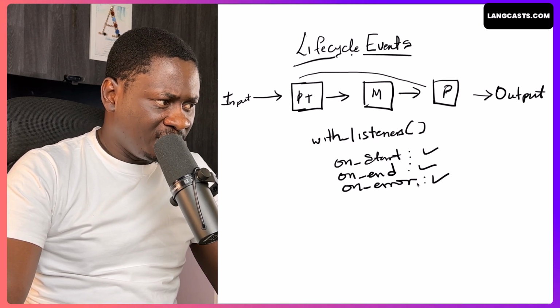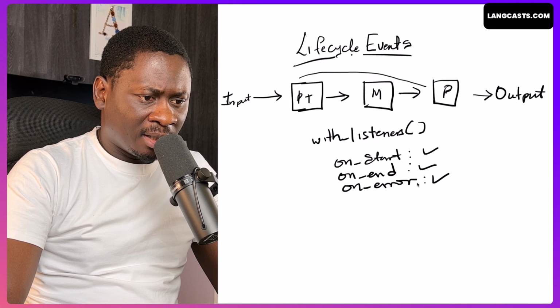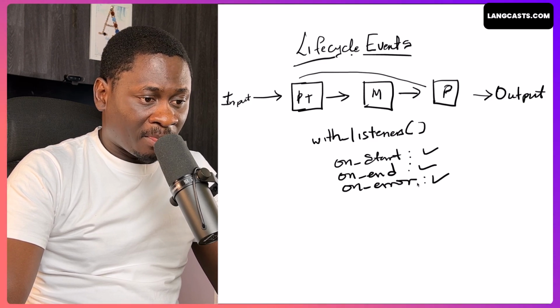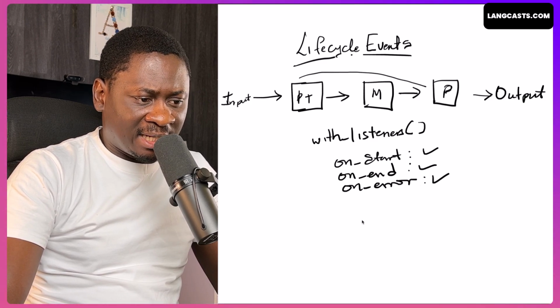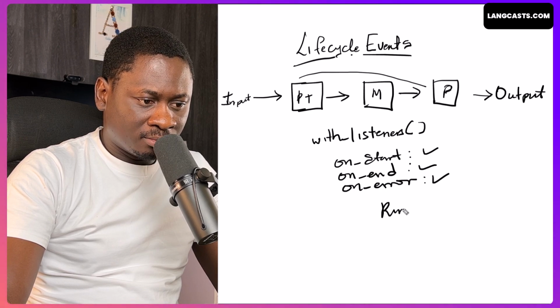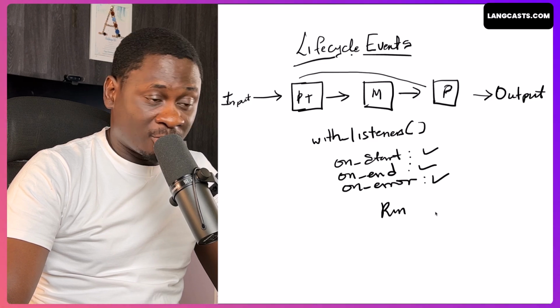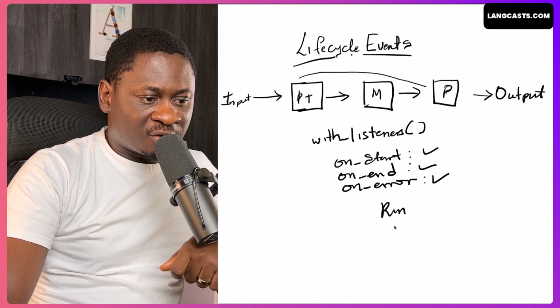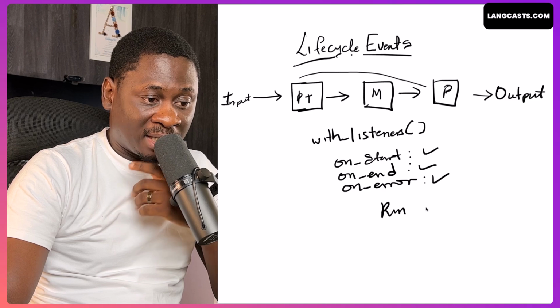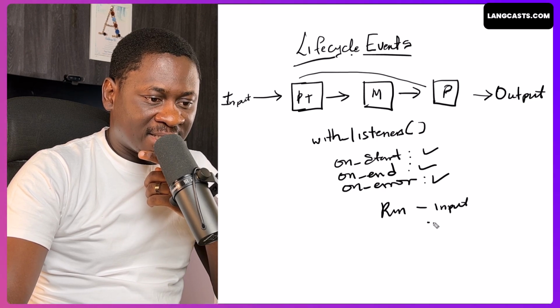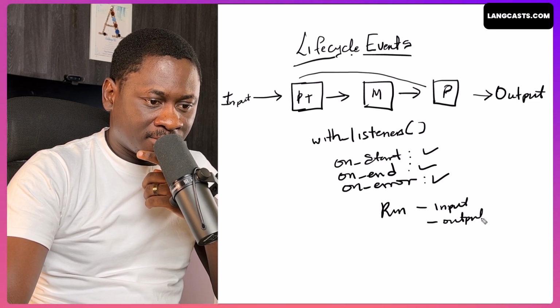We're going to be handling these events. Each event handler is going to take a run object, which comes from LangChain's tracers. We're going to be seeing that when we code. From this run object, you can get so many details. You can get details about your input, and details about the output of the chain.